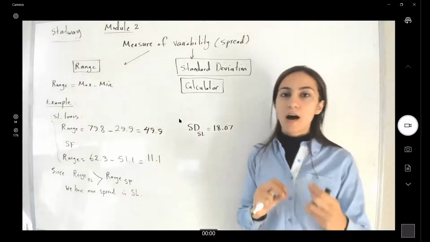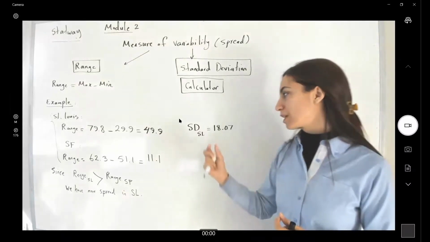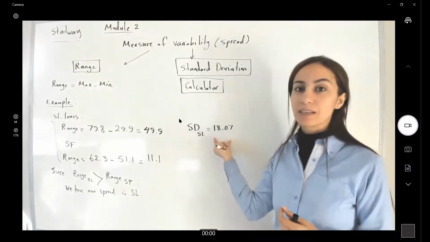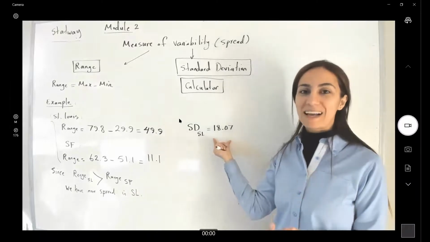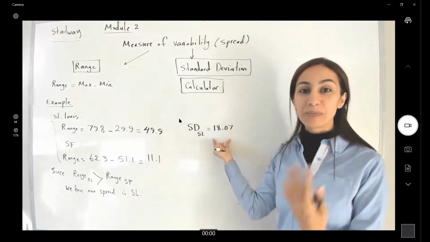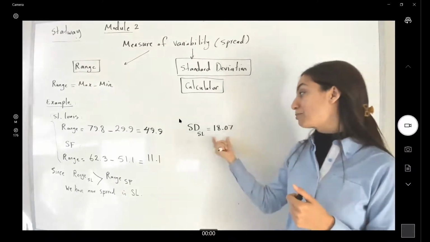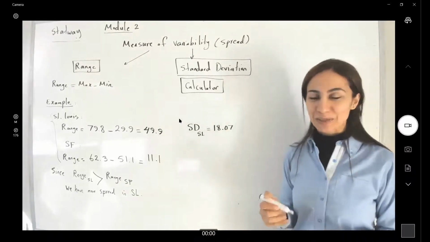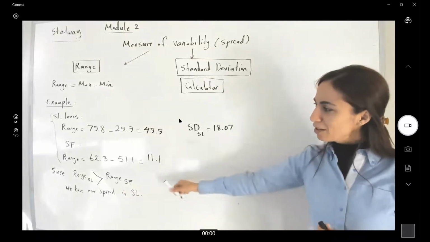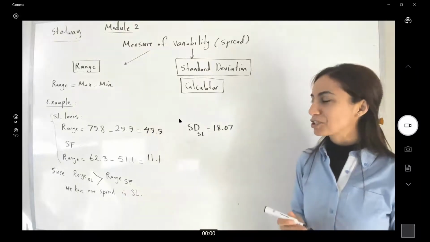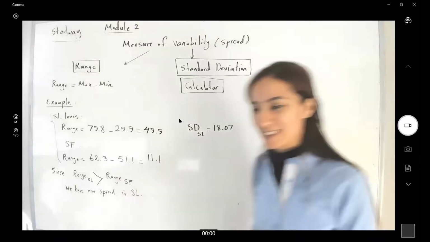It says on average, the difference between a random value in your collection from the mean is 18.07 degrees.